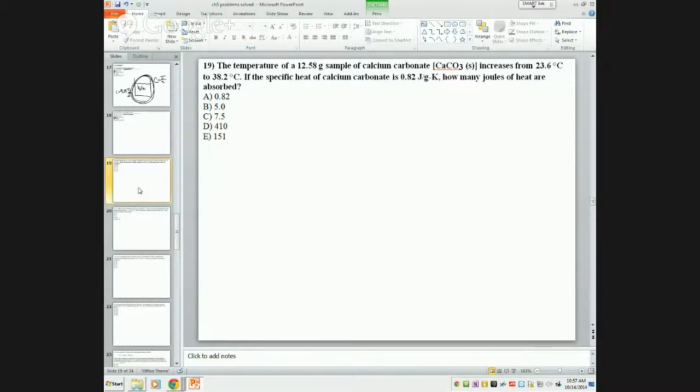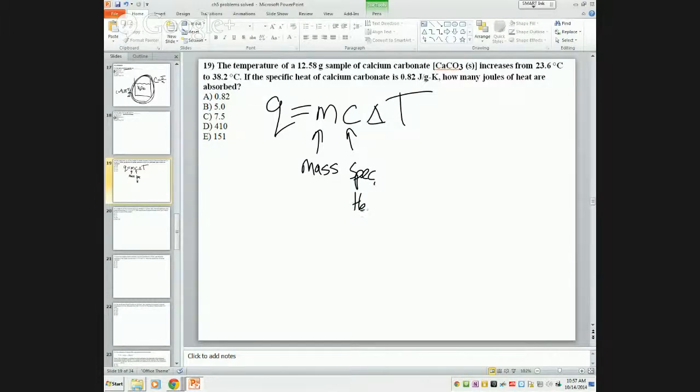The first formula you need to remember is Q equals MC delta T, where M is the mass, C is the specific heat, delta T is the change in temperature, and Q is joules, how much heat.